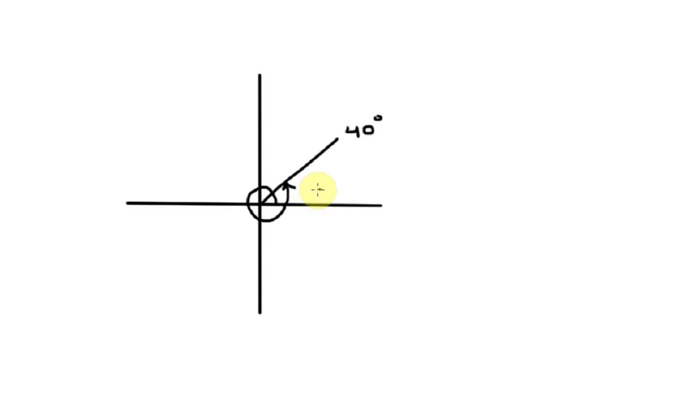In other words, 400 degrees ends up in the same place. And you would be correct. These are what we call coterminal. It just means they have the same terminal arm. So these are coterminal angles.